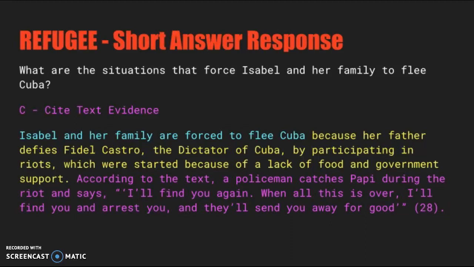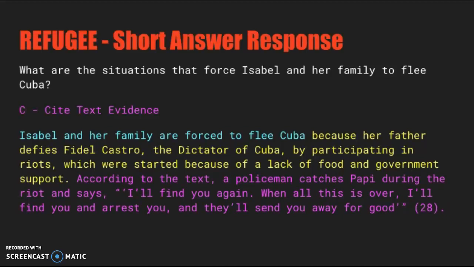He was Luis Castillo, Ivan's older brother. 'What do you think you're doing?' the older policeman barked. Luis didn't have time to answer. A whistle blew. The police were being summoned elsewhere. The angry cop yanked his arm free from Luis and pointed the nightstick at Poppy. 'I saw what you did,' he said. 'I'll find you again. When all this is over, I'll find you and arrest you, and they'll send you away for good.'"